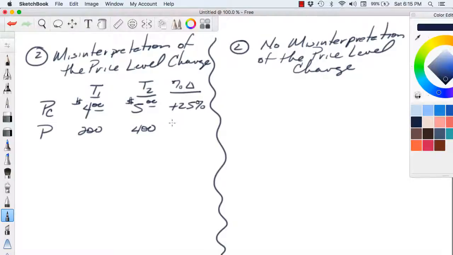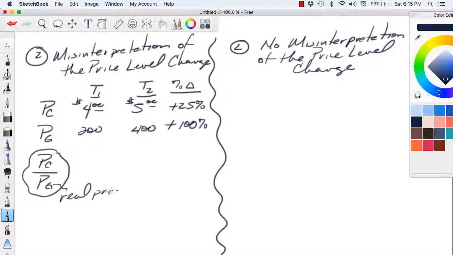In effect, prices have increased 100%, and this is the general level of prices, which we've been just calling P. But if you divide PC by PG, you get what we would call the real price of corn. In other words, inflation adjusted. This is actually what we would call the nominal price.